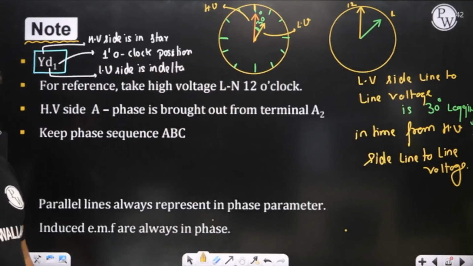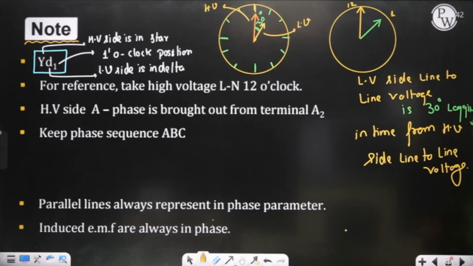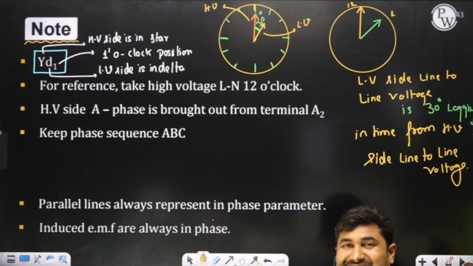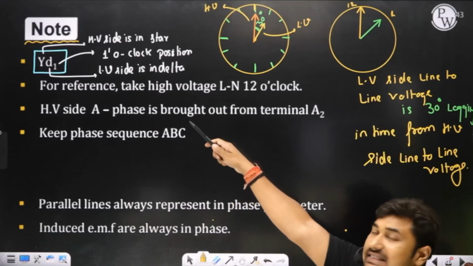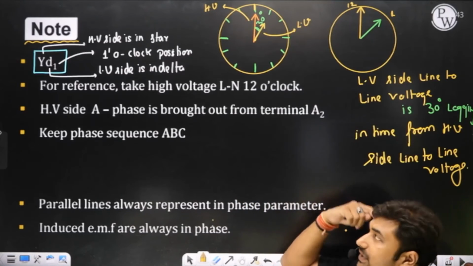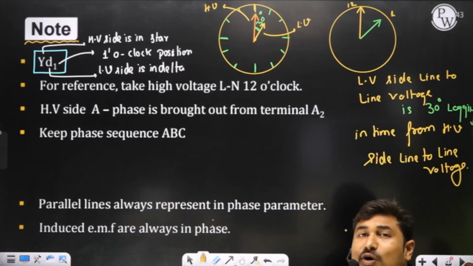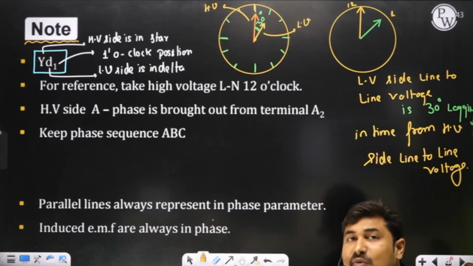Now please observe here. Actually, I have represented star delta 1. So star delta 1 indicates HV side is in star. If you observe, the star is capital Y and delta is small d.